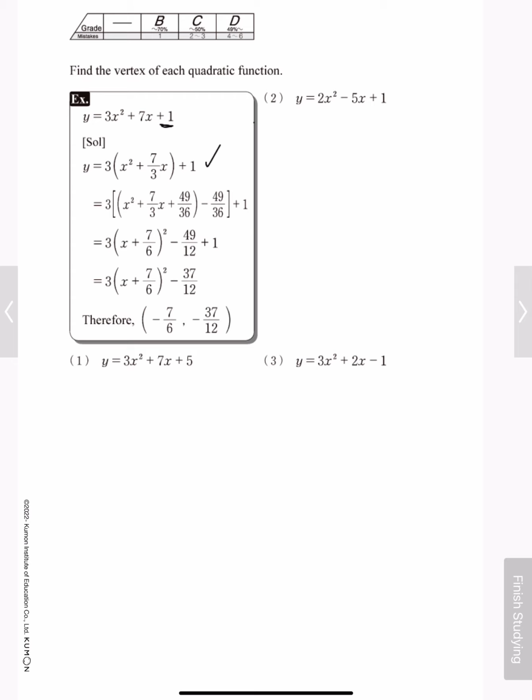All right, and then you might wonder, Tony, how do I get this plus 49 over 36? And also, why do I have to subtract it at the same time? The notion over here looks like this. If we add a number and we subtract a number, guess what? This would be 0.